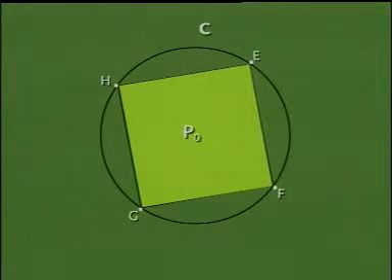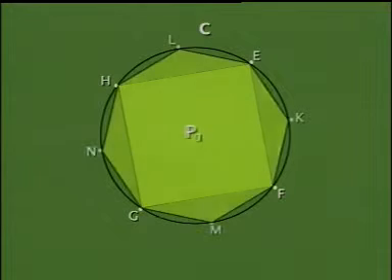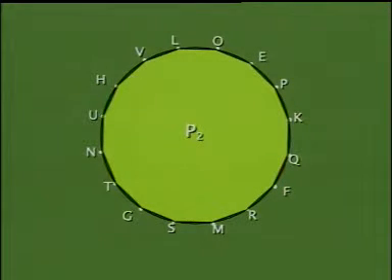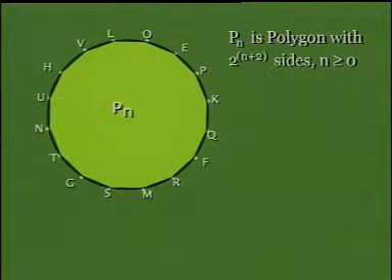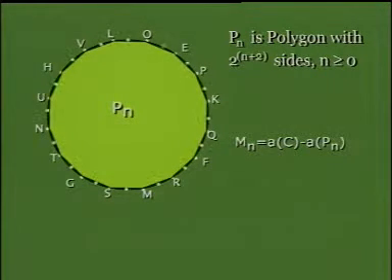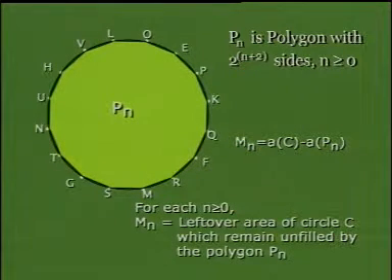Here, it is important to observe that as n increases, the perimeter of polygon Pn gets closer in magnitude to the circumference of circle C. In general, for each n greater than or equal to 0, let's set Mn for the leftover area of circle C, which remains unfilled by the polygon Pn.